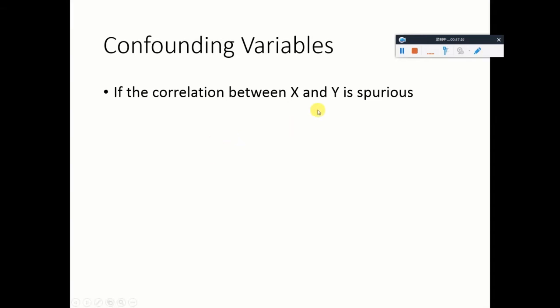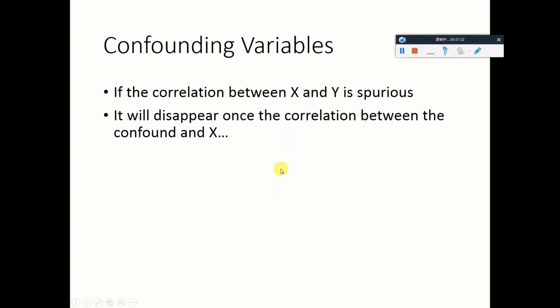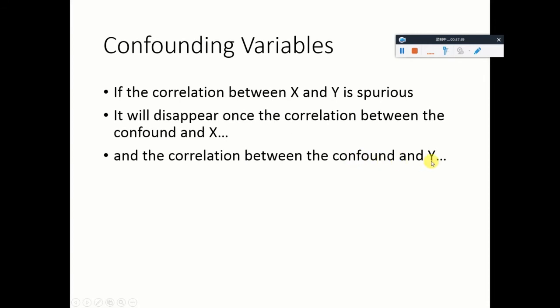That is, if the two variables x and y have a spurious correlation, that means this correlation between x and y will be gone once the correlation between the confounded x, heat and ice cream sales, for example, and the correlation between confounded y, heat and murder rates, for example, when these two correlations are statistically controlled for, the original correlation between x and y will disappear.